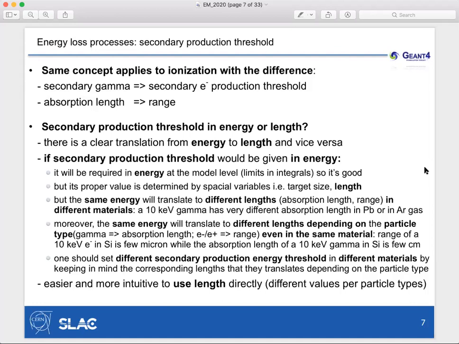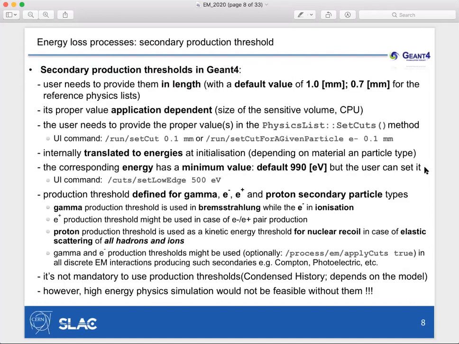So the other possibility is to choose a value in length, and then that value can be translated to energy. And when Geant4 was designed, it was thought that this is more intuitive and easier for the user, to ask them to give the secondary production threshold in length. And this is actually what's happening in Geant4.